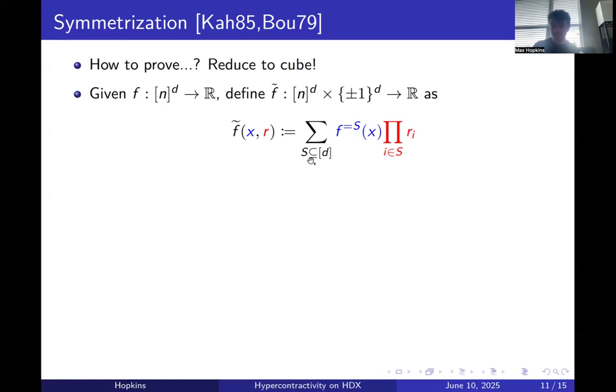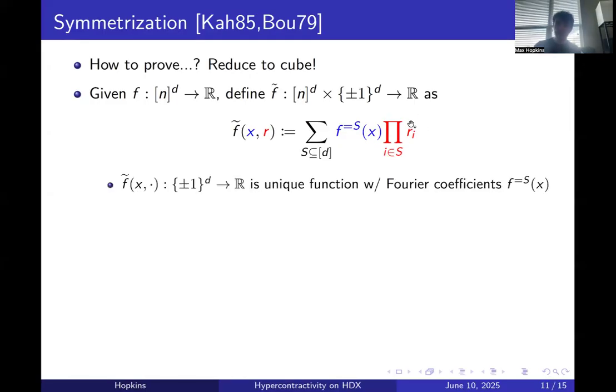So you have the sum over subsets S of f equals S times the parity function of the r_i on these coordinates. In other words, if I think of fixing any x, this symmetrization is the unique function whose Fourier coefficients are the Efron-Stein components of the original function.